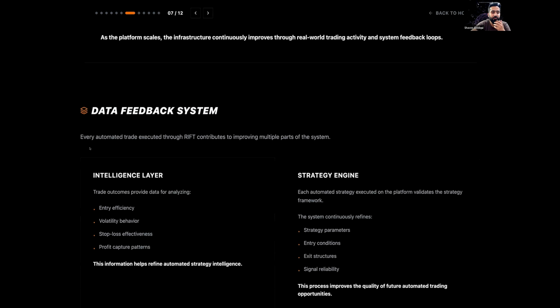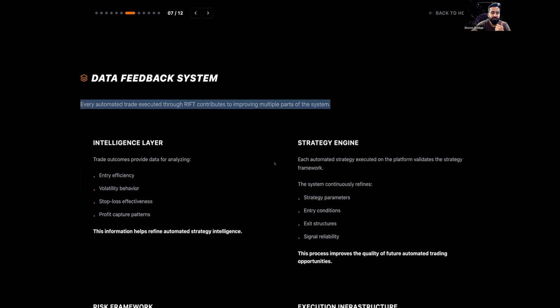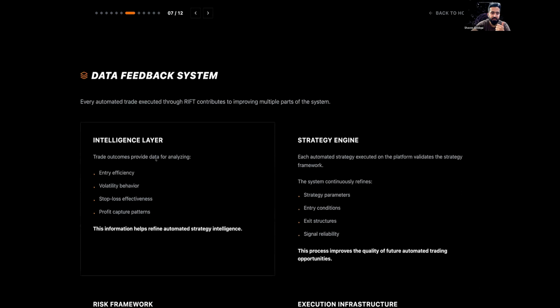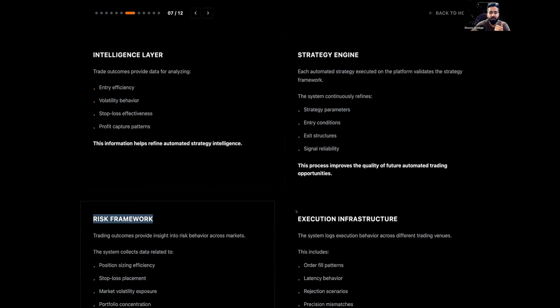So you can read it till tomorrow. Every automated trade executed through Rift contributes to improving multiple parts of the system, because it's artificial intelligence backed. It has an intelligence layer, a strategy engine, a risk framework, and execution infrastructure.